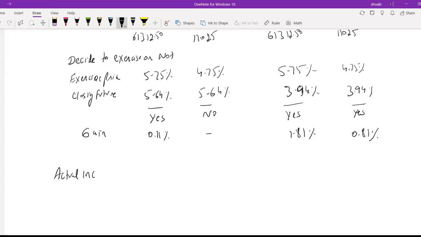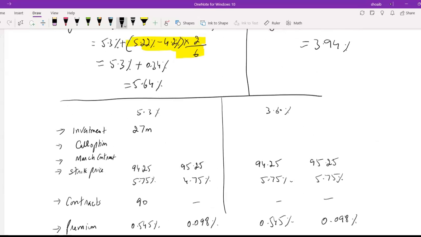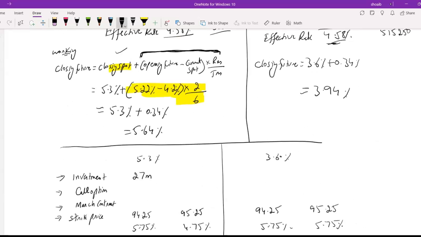Now, the actual income. We can copy this from above. We have already calculated actual income. What was that? 5%. In this case, 3.3.